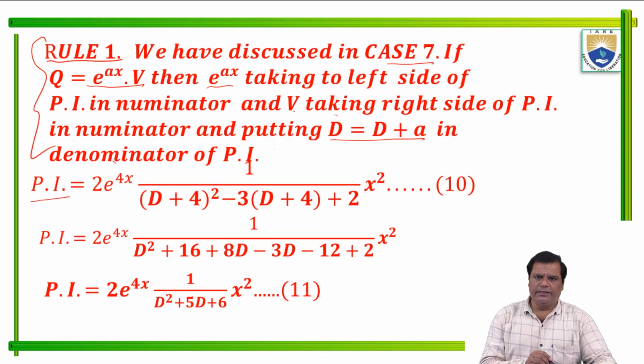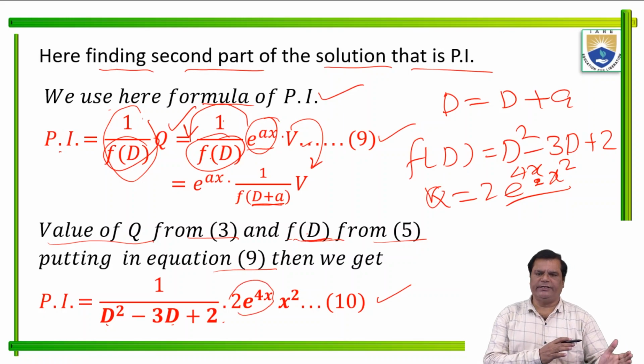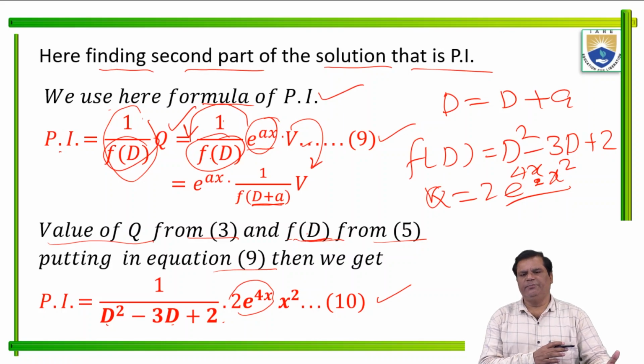So particular integral equals, this is PI. In Q, the exponential function is 2 into e to the power 4x; 2 is a number which is a multiplier, so it is taken outside in multiply in PI.